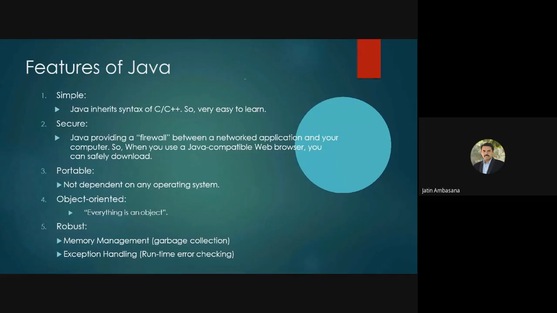So there is a Java runtime environment in which your program runs. Also, if you are using web browsers or web-based applications, then Java compatible web browsers are being used, so you can safely run the Java programs. Third, it is portable. It is not dependent on any operating system. It is compile once, run anytime, anywhere.